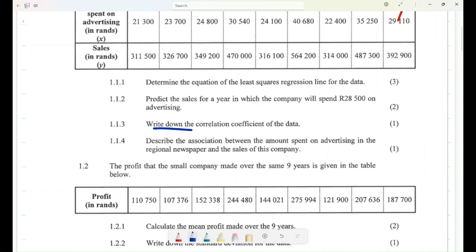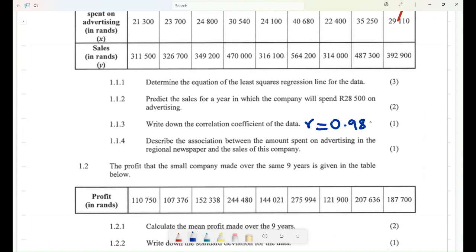Now 1.1.3 asks for the correlation coefficient of the data. Remember that is the value of R. You apply the very same thing: you press shift, then 1, which says stats, then you press number 5, I'm not sure if it's number 5, but you know how to get the value of R. The value of R that you are supposed to get is 0.98.